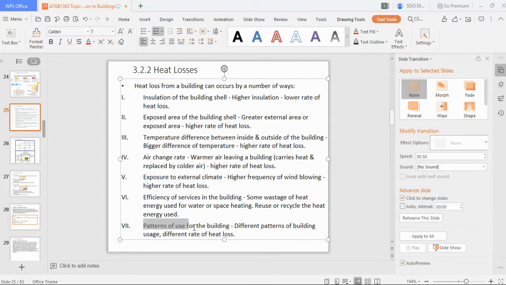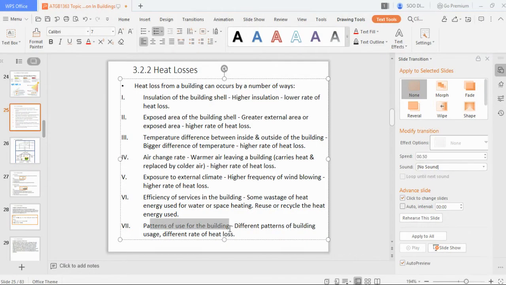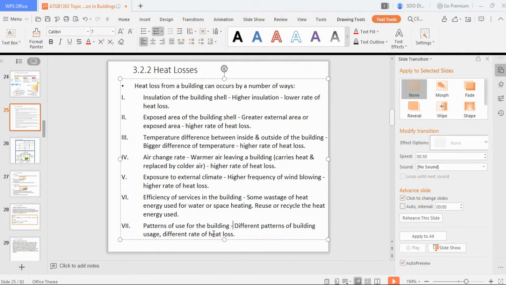And finally, you have the pattern of use of the building. Different patterns of building usage give different rates of heat loss. If you have more space exposed to a certain area, or a larger area of building, then you will have more heat loss.